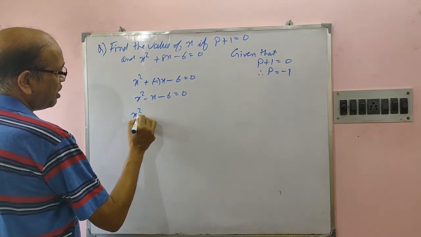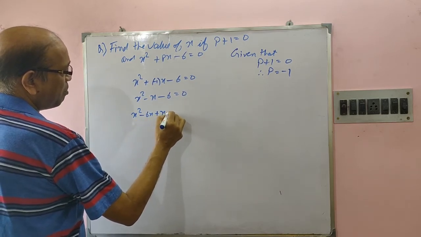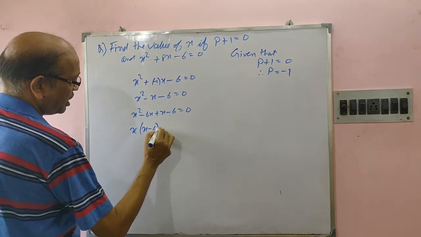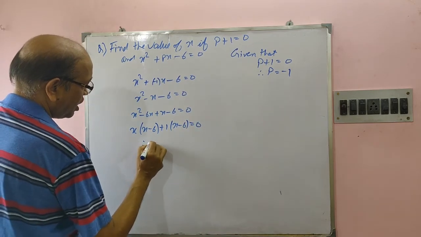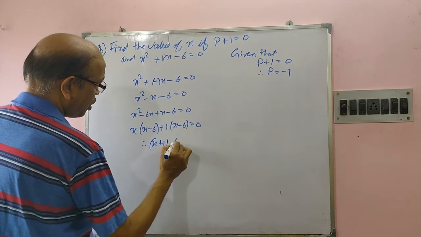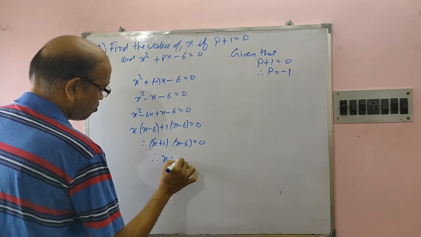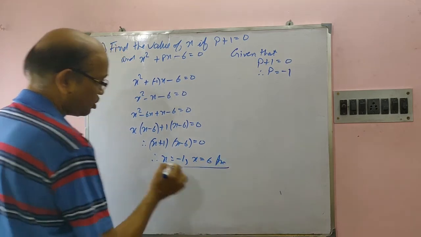So x squared minus 6x plus x minus 6 equals to 0. Taking x minus 6 plus 1, x minus 6 is 0. Therefore x plus 1 or x minus 6 equals to 0. Therefore x equals to minus 1 or x equals to 6. This is your answer.